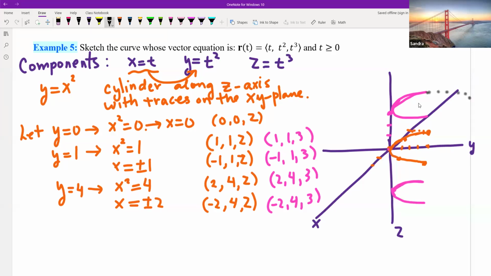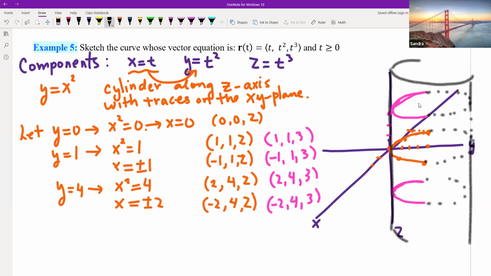It will eventually go like this, and so we will have it right here. There's the cylinder. The cylinder is right there. So there's my cylinder. I'm going to make my cylinder all black.